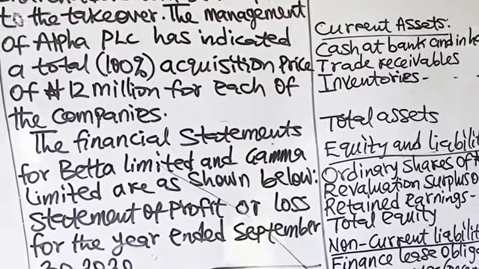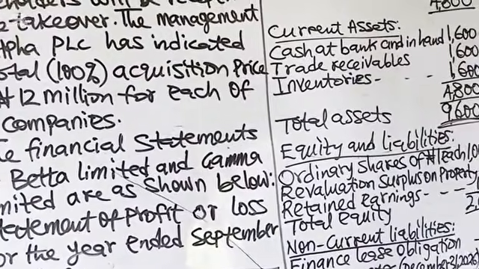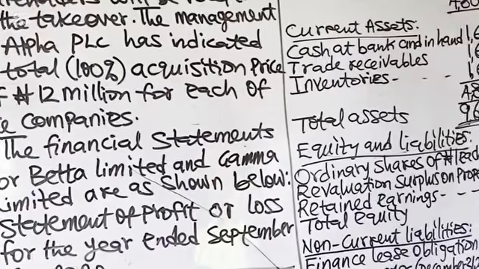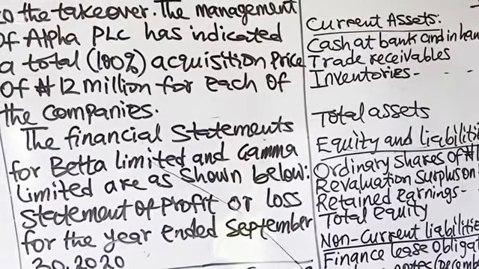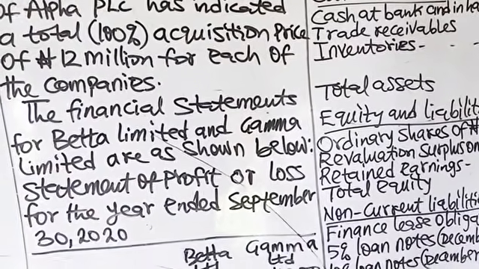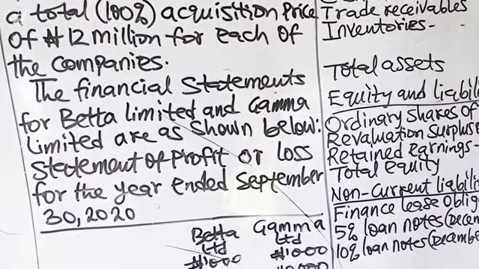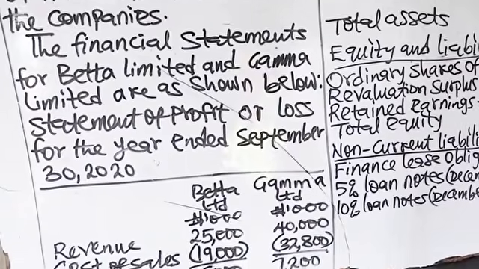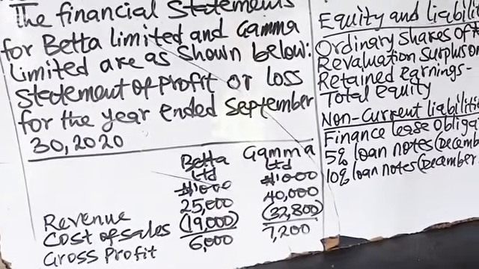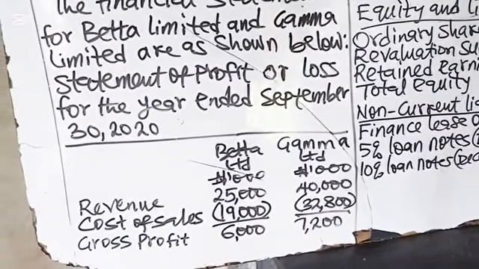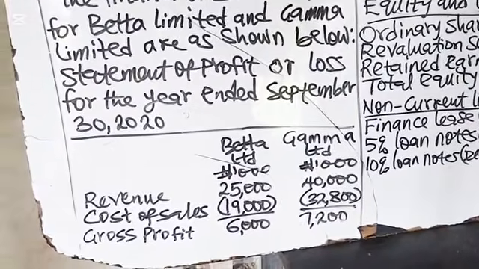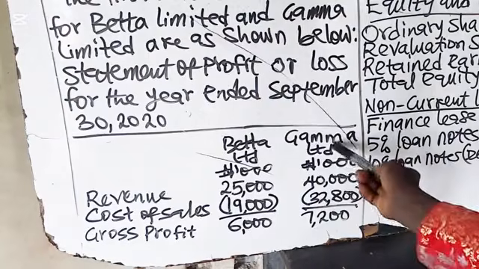The financial statements for Beta Limited and Gamma Limited are as shown below. We have the statement of profit or loss for the year ended September 30, 2020, for Beta Limited and Gamma Limited.